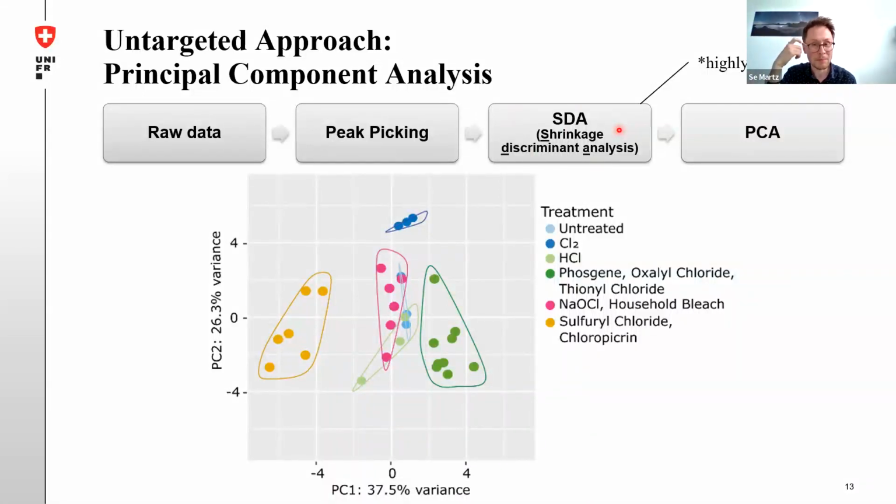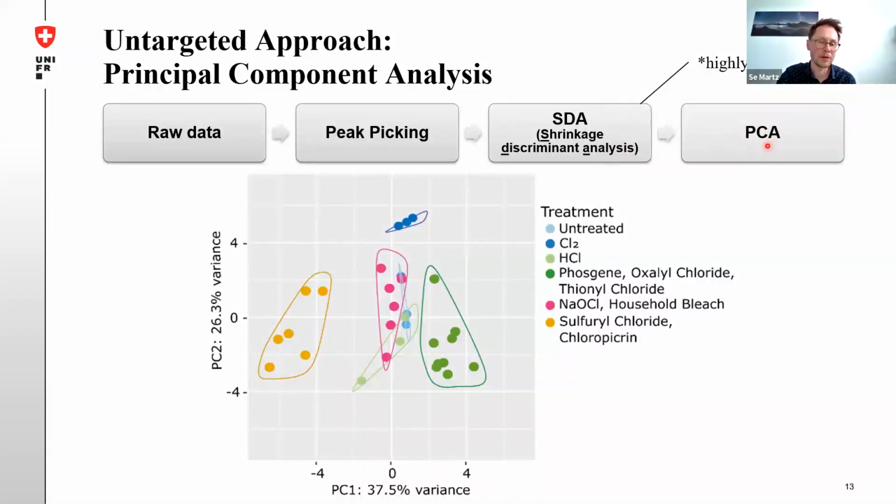And so it is very important that we were shrinking down the whole problem, because otherwise we would have over-parametrization, and you would just be comparing noise with other noise from other samples. And so after this key step, where we had our corrected data, we then performed the principal component analysis.